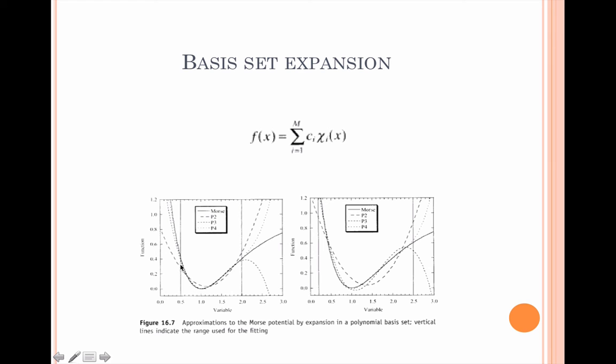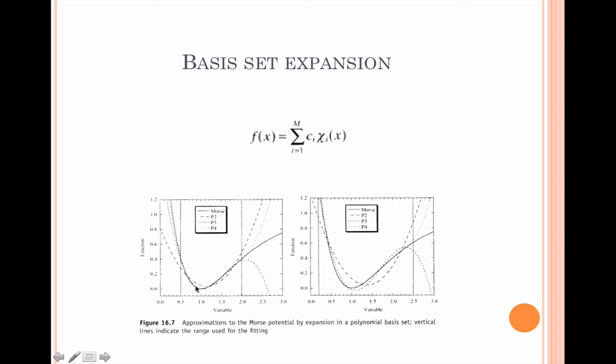And you can see here that in the basis set expansion, we get this better agreement now for a range of x values. In this case, we have a fairly good agreement for x values between 0.1 and up to 2.1.